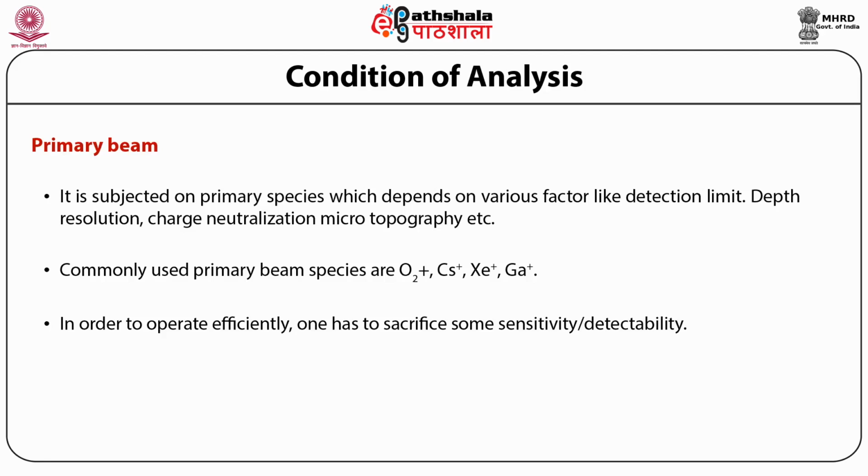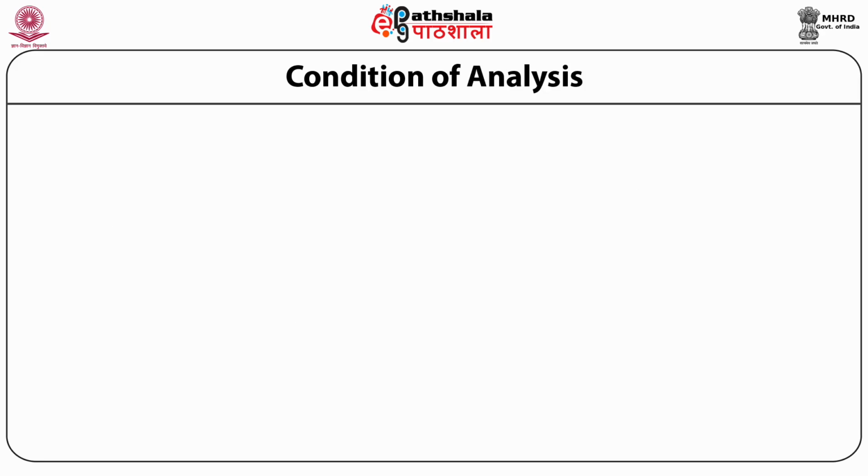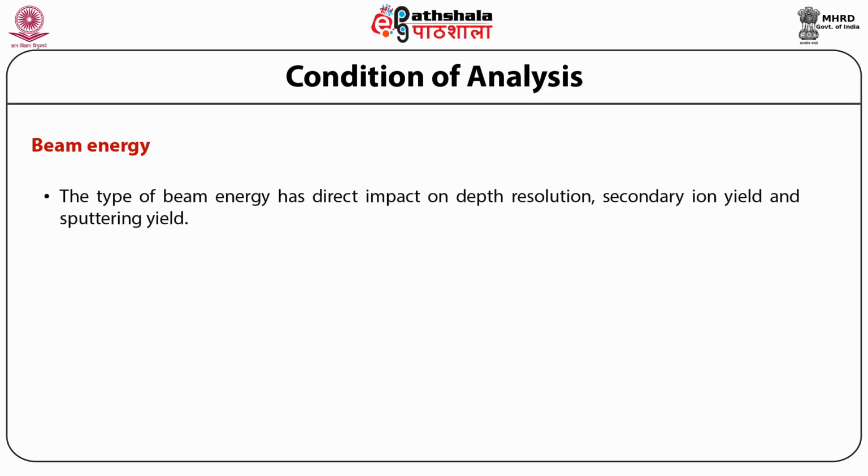Then the most important factor is beam energy, and its characteristic features are given. The beam energy has a direct impact on depth resolution, secondary ion yield, and sputtering yield.